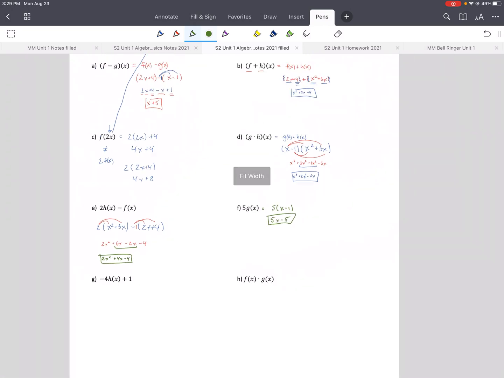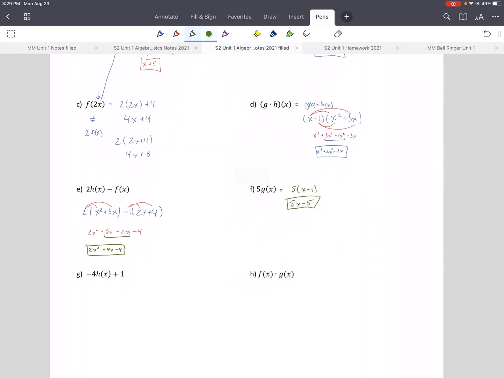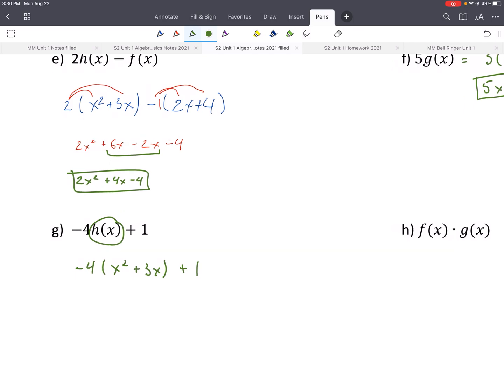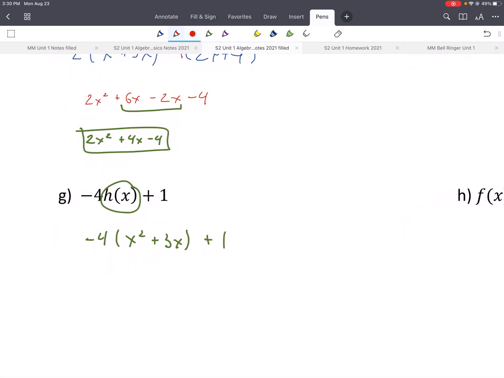Here's another one, h of x, x squared plus 3x. Again, we just substitute what f of x is, put it in a parenthesis, because we'll need to distribute that -4 to everything inside. So -4x squared, and then -12x, and then we have this plus 1.